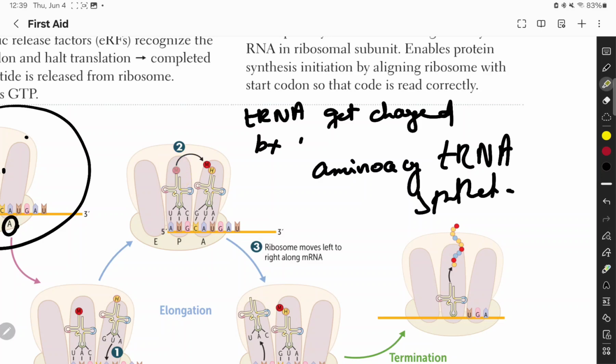So what happens is that once an initiator RNA is there, it binds to the P site, then the A site is empty.